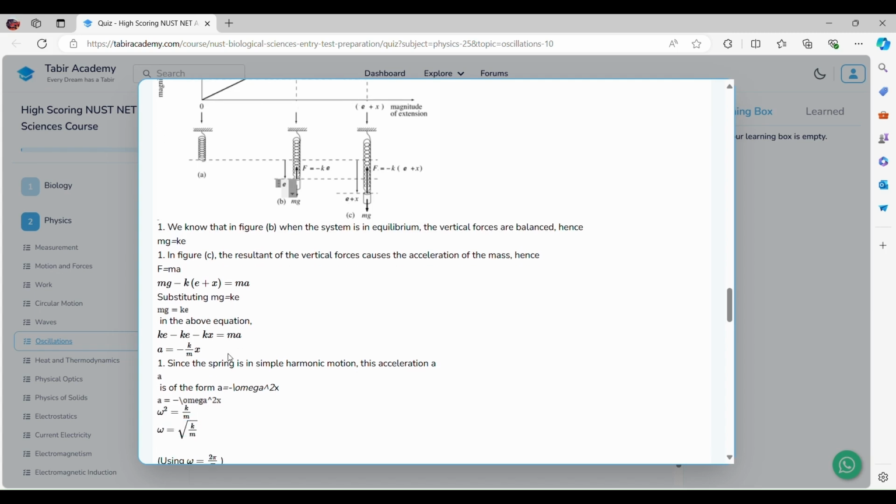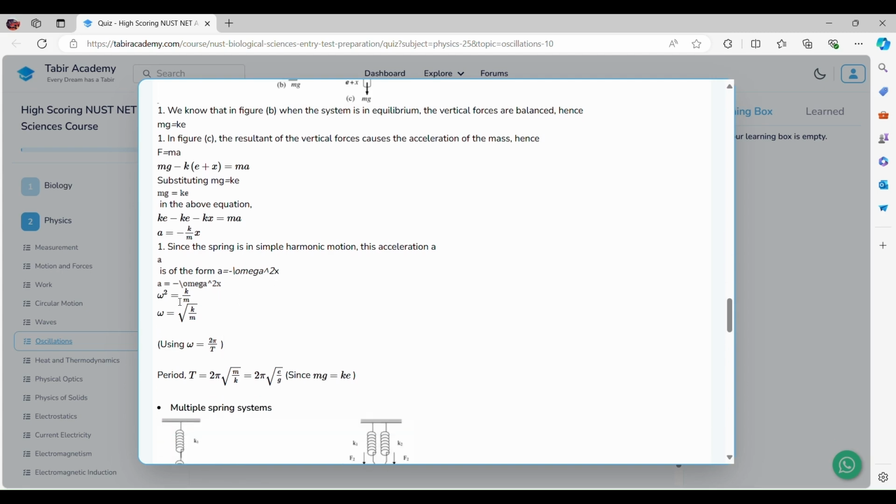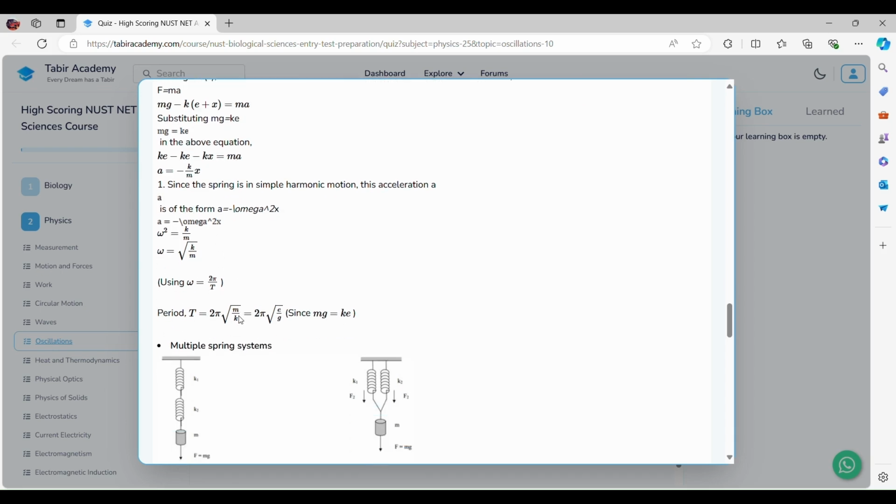Substituting mg equals ke, ke minus ke minus kx equals ma, so a equals minus k over m x. Because the spring is in simple harmonic motion, acceleration is of the form a equals negative omega square x. Omega square equals k over m, omega equals under root k over m. We use omega equals 2 pi over T.